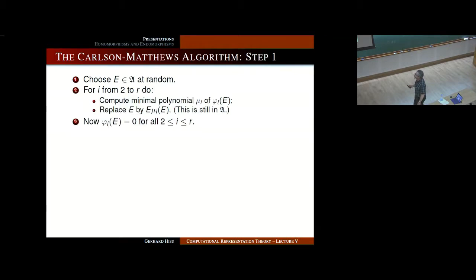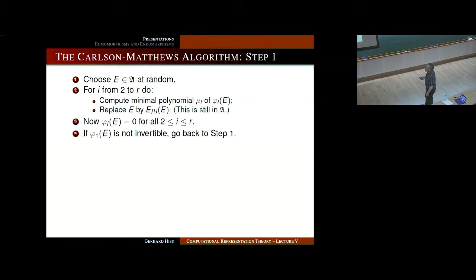You multiply it by e and evaluate e in this minimal polynomial. So this new element, if you start with i equal to 2, will act as 0 on S_2. And then you start with this new element, which is still in A, and you do it for i equal to 3. And you get a new element which still acts as 0 on S_2, but will also act as 0 on S_3, and so on.